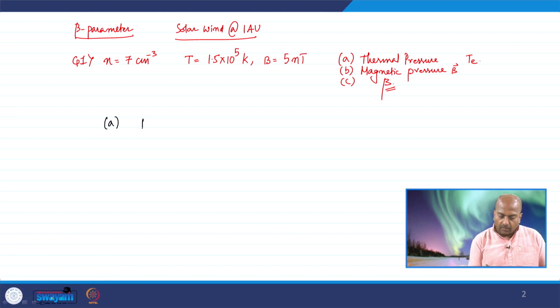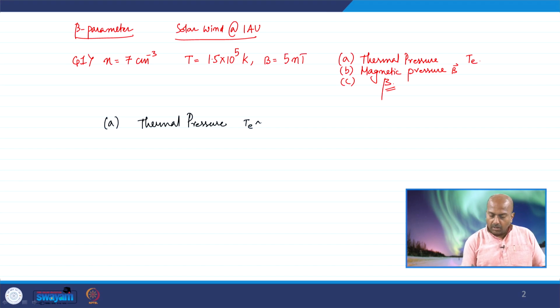Part A is thermal pressure. So, we assume the temperature of electrons to be equal to temperature of ions, and we say that this is equal to the temperature that we are going to use in the calculations.